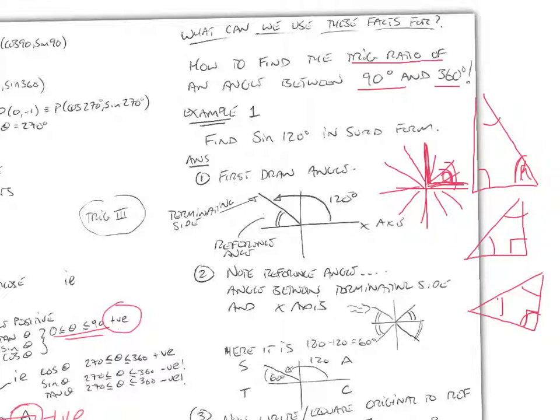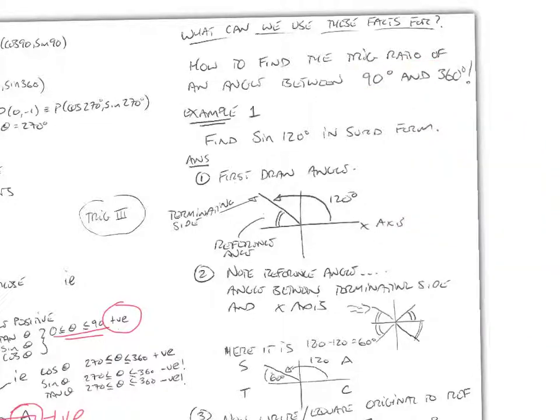Okay, so just get rid of this. A typical type of problem: find the trigonometric ratio of an angle that's between 90 and 360, say 120 degrees, in third form. This is an approach we use when we try to find this value.